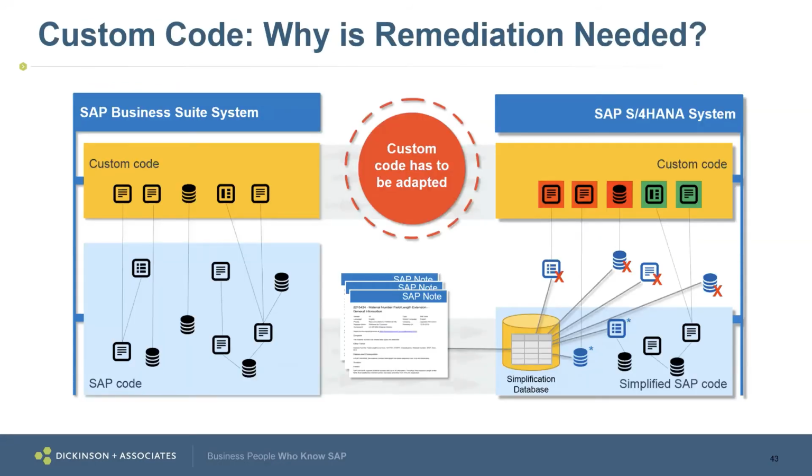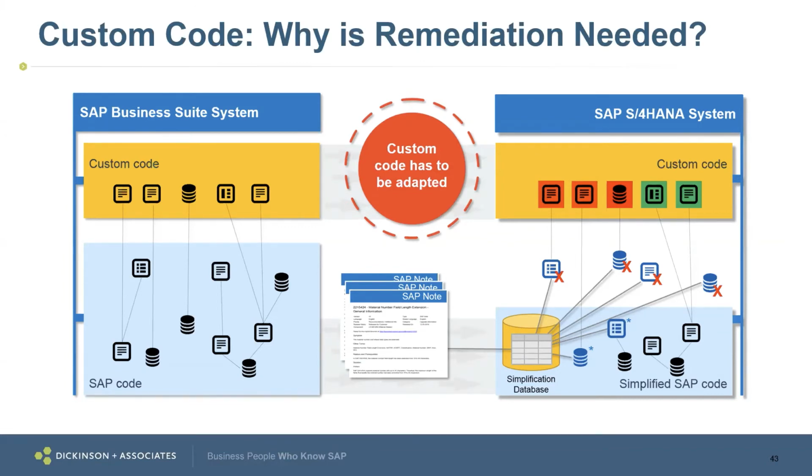So why do we need to do remediation? The simple fact of the matter is the syntax is different between ECC and S/4HANA. So we have to analyze existing code, both SAP standard code and custom code, to determine what, if any, changes need to occur.